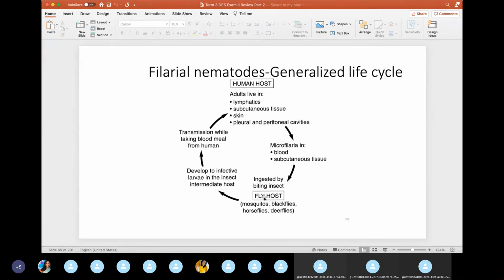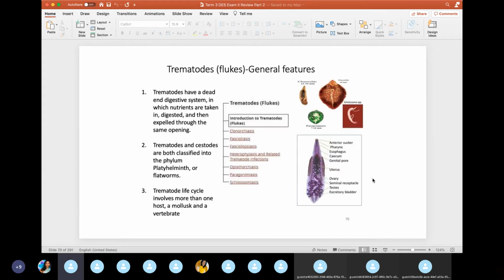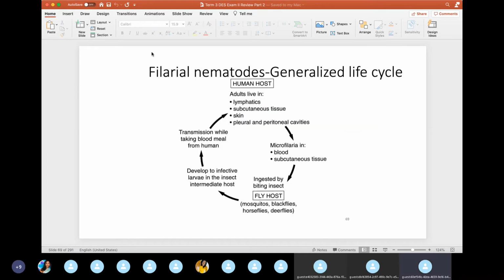And then in the human host, they live in the lymphatics, subcutaneous tissue, skin, and your cavities. And then the microfilariae, they're in the blood and subcutaneous tissue, and then ingested back by your biting insects. So what form are they in the human? They are microfilariae in your blood and your subcutaneous tissue.